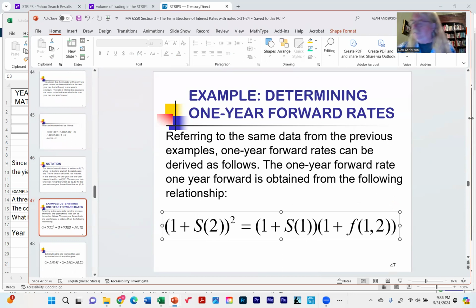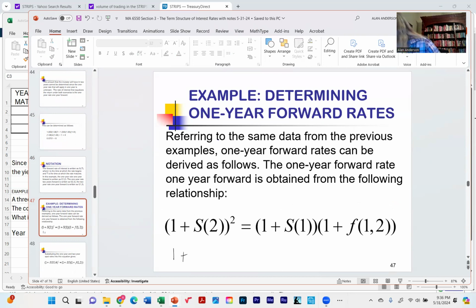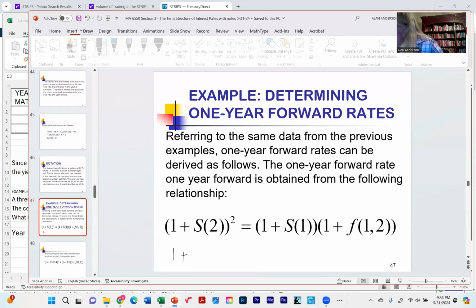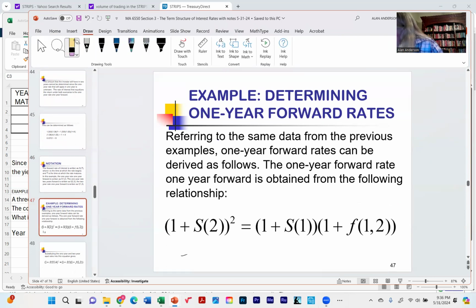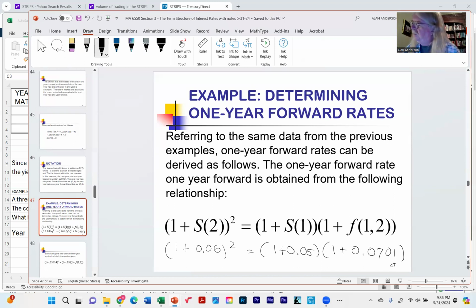Okay, so remember, we just got through showing that these give us the same future value.